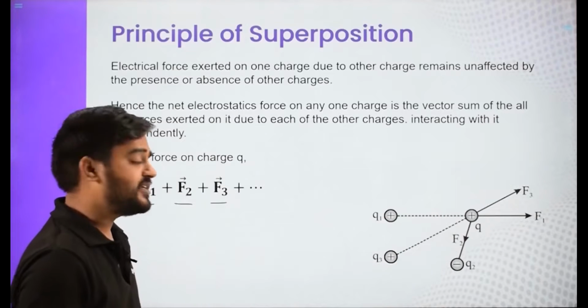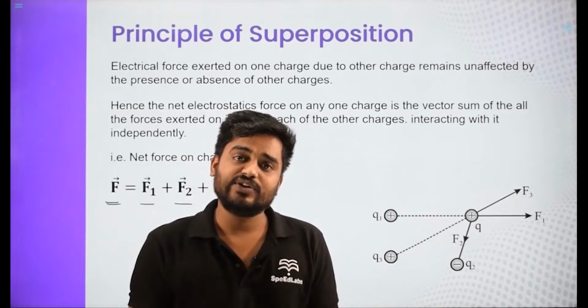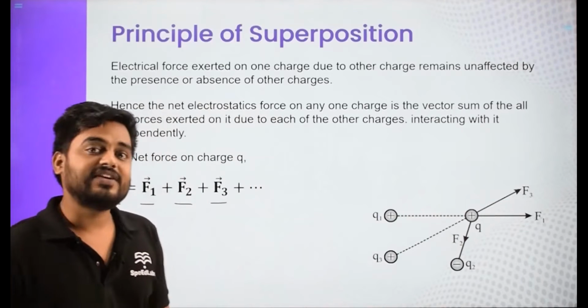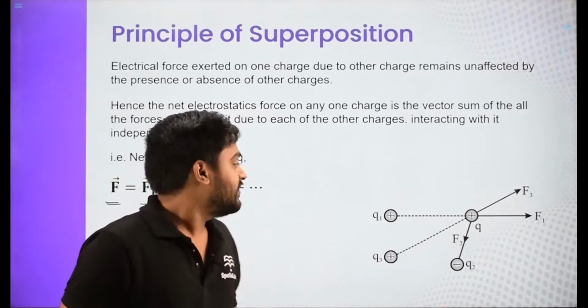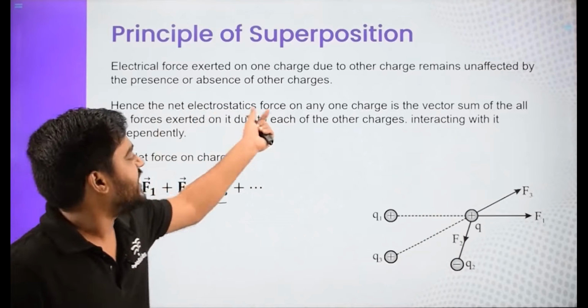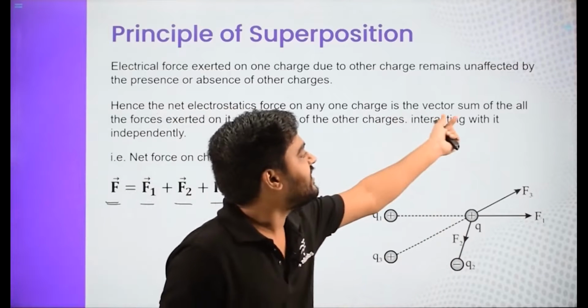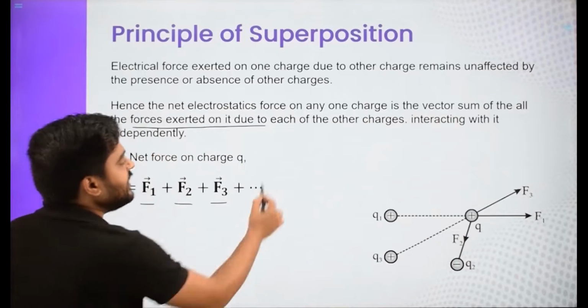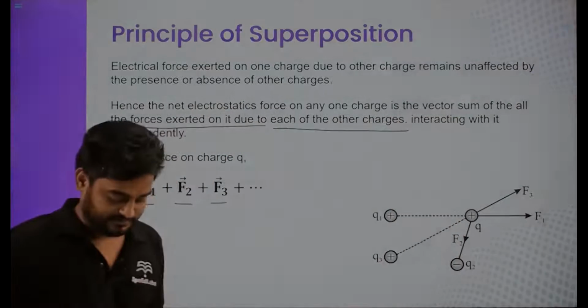If there are more charges present, get the force exerted due to that individual charge and just do the vector addition. That gives us the net force on this charge. So we can say the net electrostatic force on any one charge is the vector sum of all the forces exerted on it due to each of the other charges.